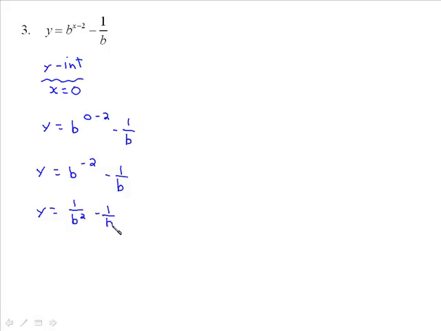And this takes us back to simple rational expressions where you've got to get a common denominator. And that LCD is going to be b squared. This one stays as is, but you have to multiply the second one by b, top and bottom. So that would give you 1 minus b over b squared. So your ordered pair for your y-intercept, whatever b is going to be, is 1 minus b over b squared.